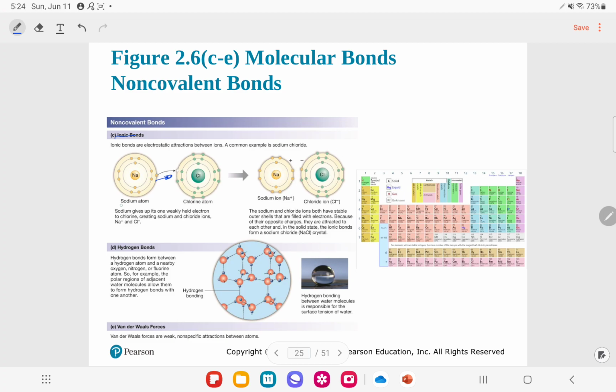Because sodium lost an electron, it became more positive, and chlorine gained an electron, so it became more negative, right? And again, hydrogen bonds are going to form between hydrogen atoms and a nearby oxygen, nitrogen, or fluorine, okay? And then van der Waals forces, again, are going to be weak, non-specific attractions between atoms.